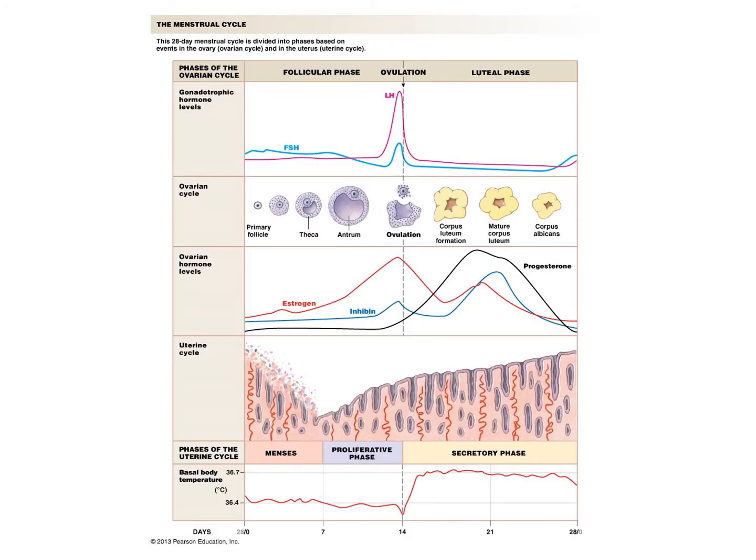So this particular graph overlays the whole menstrual cycle together with the uterine and the ovarian cycle. And you can see now the peaks of the hormones. So for example, let's use the green arrow.